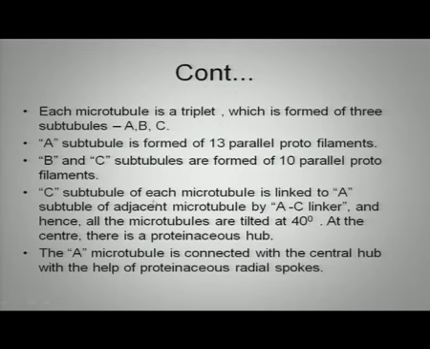The C subtubule of each microtubule is linked to A subtubule of adjacent microtubule by AC linker, and hence all the microtubules are tilted at 40°. At the center there is a proteinaceous hub. The A microtubule is connected with the central hub with the help of proteinaceous radial spokes.